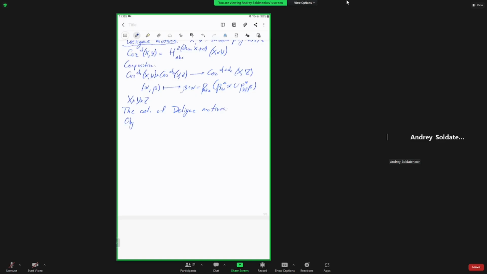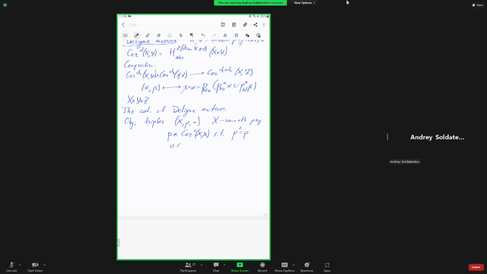Okay, so then using this, we define the category of Deligne motives. Its objects are triples (X, P, n), where X is a smooth projective variety as before, P is a correspondence of degree 0 from X to X. So P is essentially an endomorphism of X of degree 0, which is also a projector, so it is idempotent.